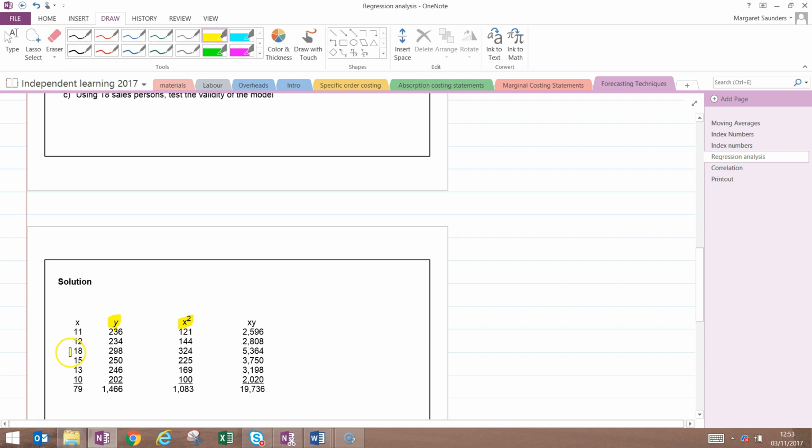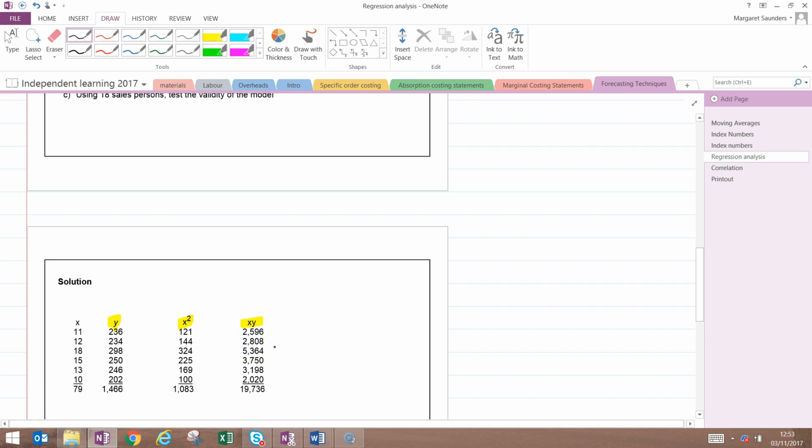So it's the value of X squared. And we need to work out X times Y. So 11 times 236 gives us 2596. 12 times 234 gives us 2808, and so on.